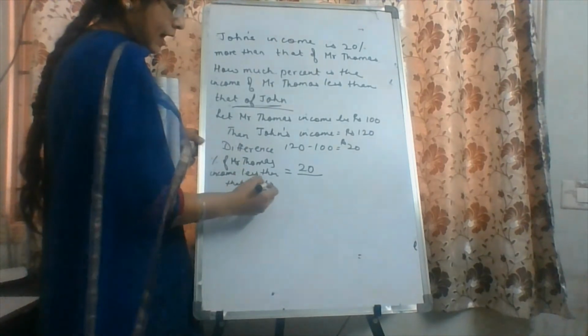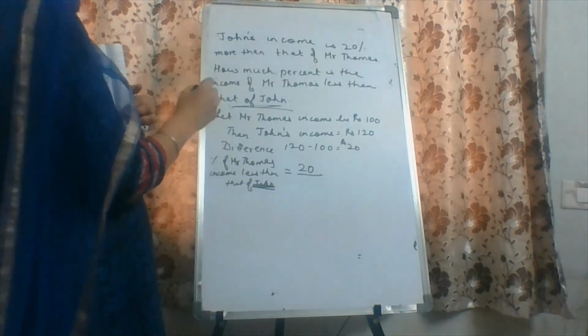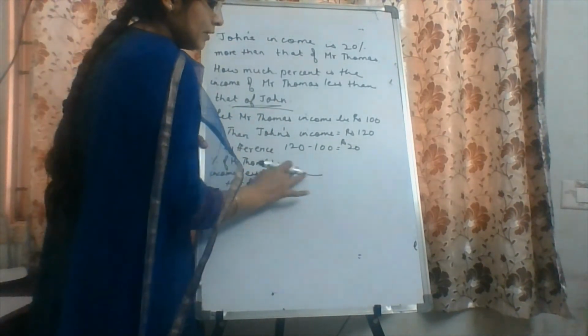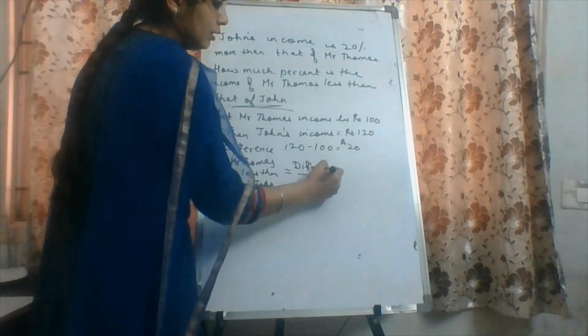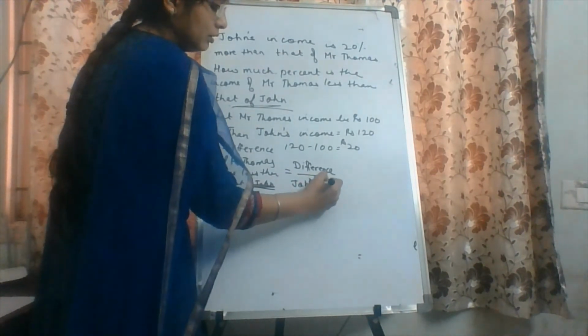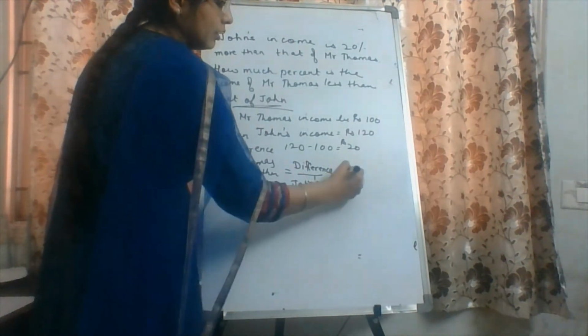Now see, I am comparing to John's income. Then I should write John's income in the denominator. Let me write the formula first: difference in the income upon John's income multiplied by 100.